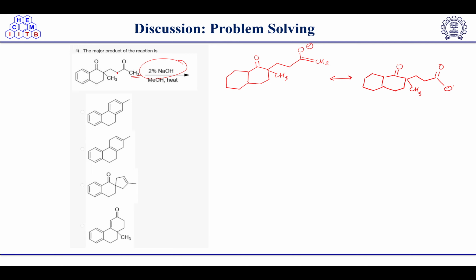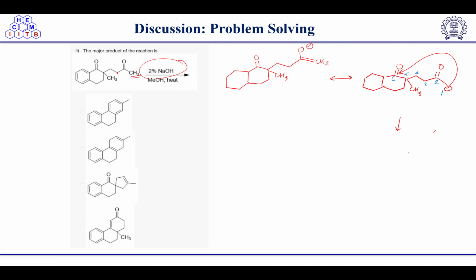Intramolecular condensation reaction. So this will attack on this carbonyl center, and it will form how many carbon rings will be there? 1, 2, 1, 2, 3, 4, 5, 6.